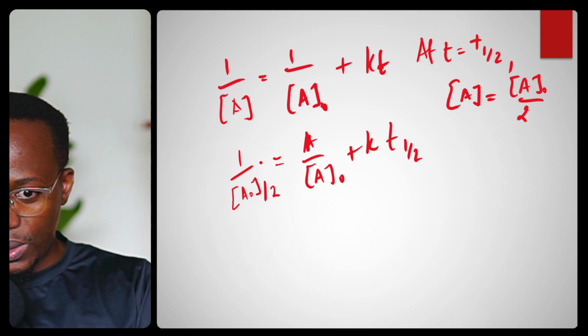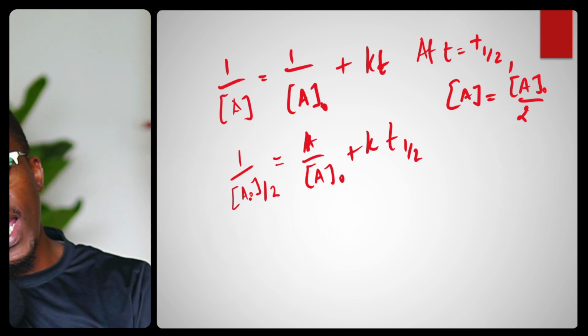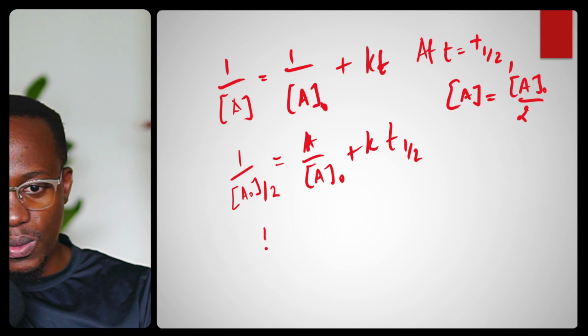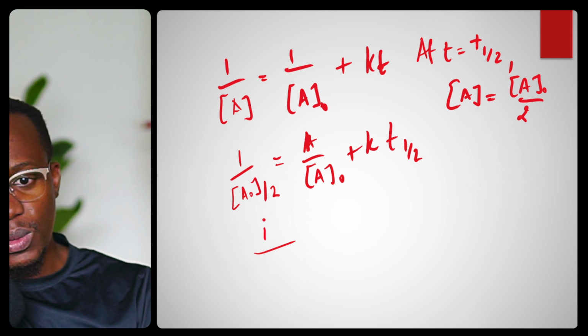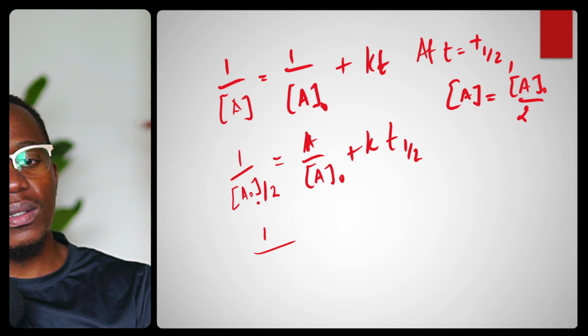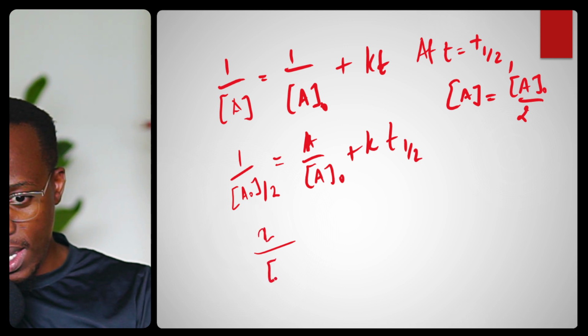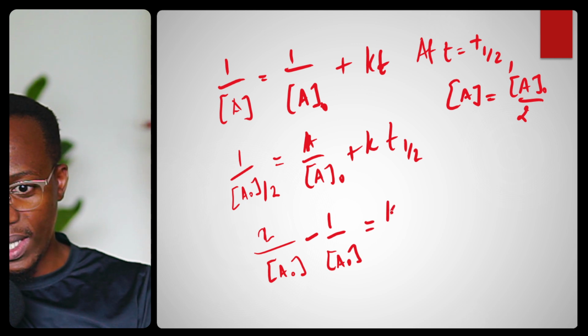So then look at this. I'm going to move this onto the other side and solve. So 1 over A0 over 2 is equal to 2 over A0, right? And then let me move this here: minus 1 over A0 is equal to kt.